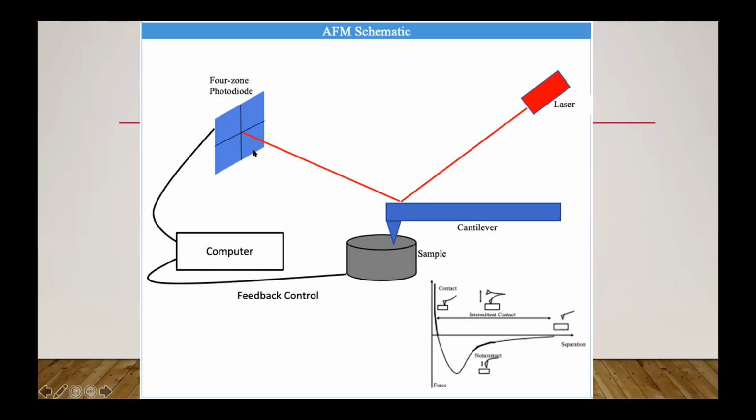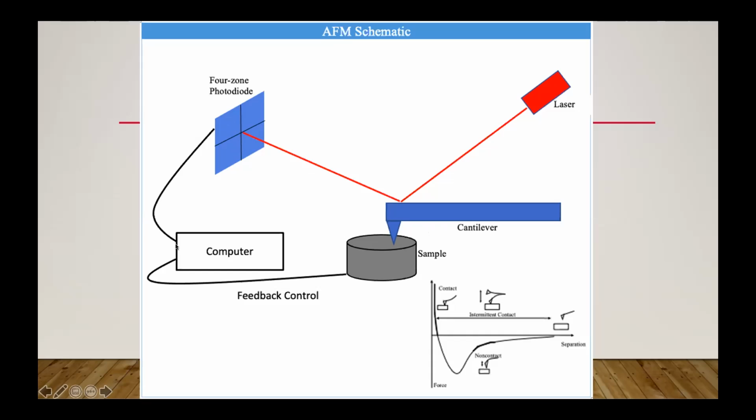It's initially set up so that the reflection of the laser makes contact with the center of this diode. As the tip on the cantilever is moved across the sample, it changes the deflection of the laser and will move the position of the laser into one of the other 4 quadrants as it either moves up or down, depending on the topography or the physical interactions of the nanosurface.